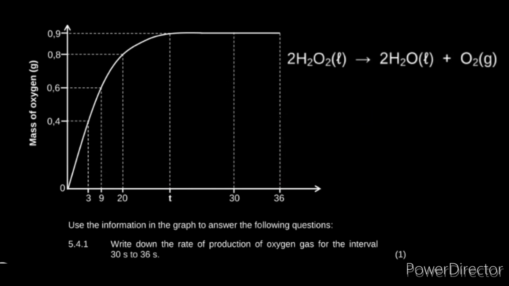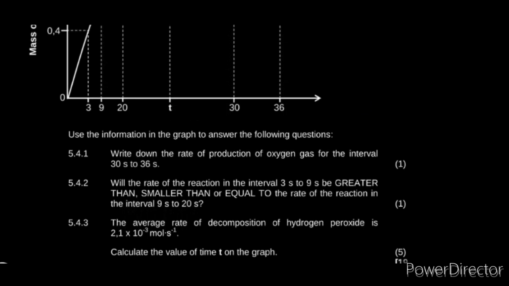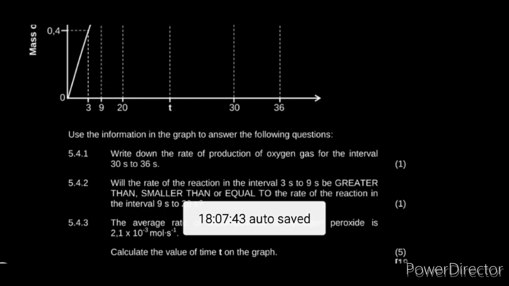So now, let's look at the first question. The first question says, write down. Every time they say write down, it means there's not a lot of thinking, nor a lot of calculations, so it's 1 mark. They said write down the rate of production of oxygen gas for the interval 30 to 36 seconds.